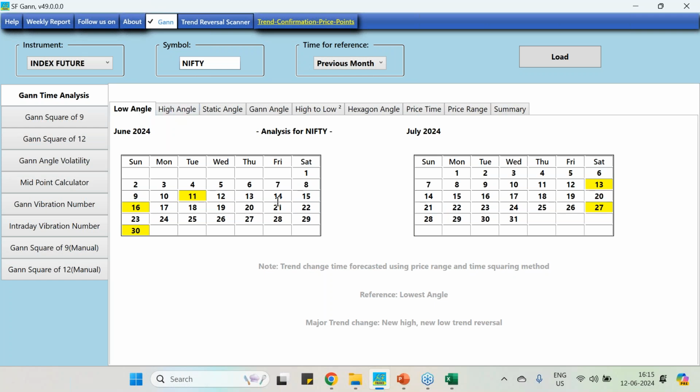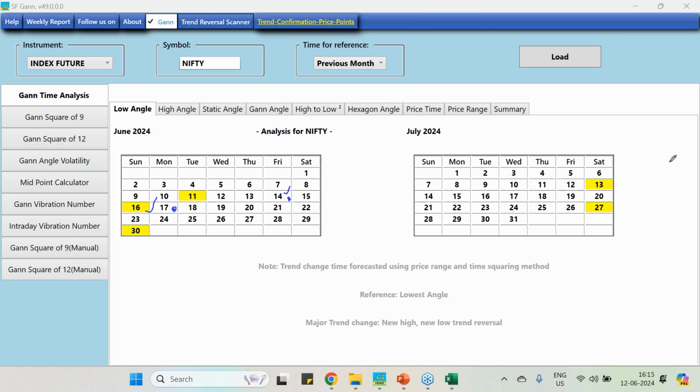Suppose a trend change date calculation falls on a Saturday or Sunday, then what happens? The previous working day is affected. So 14th or 17th, the trend change will be affected, because if it is falling on 15th and 16th, which is the weekend, there is no market on that day.